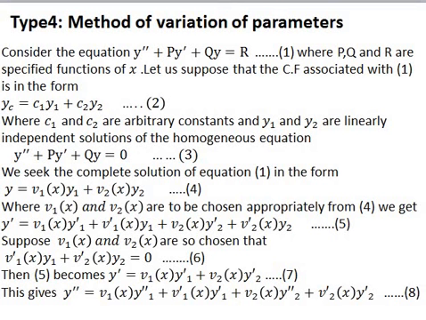Since y1 and y2 are linearly independent solutions of the homogeneous equation, this condition, equation 6, holds. Then equation 5 becomes y dash is equal to v1 of x y1 dash plus v2 of x y2 dash, equation 7. Again we differentiate with respect to x, and that becomes y double dash is equal to v1 of x y1 double dash plus v1 dash of x y1 dash plus v2 of x y2 double dash plus v2 dash of x y2 dash, equation 8.